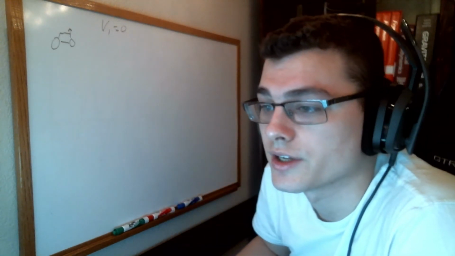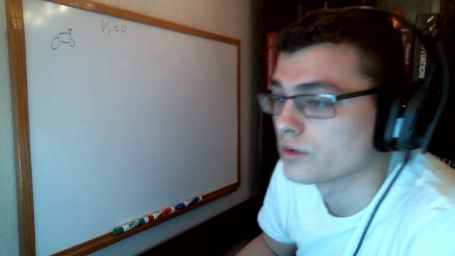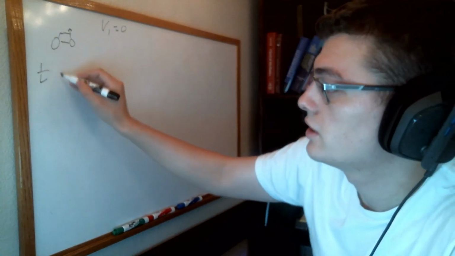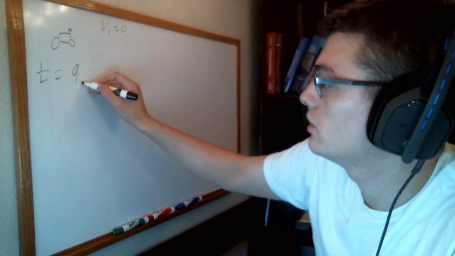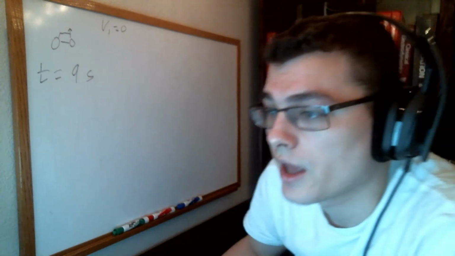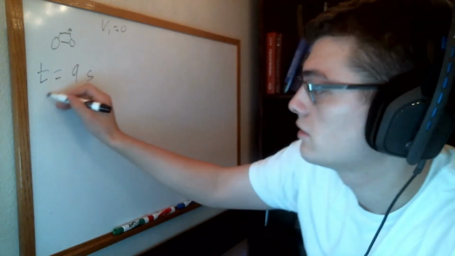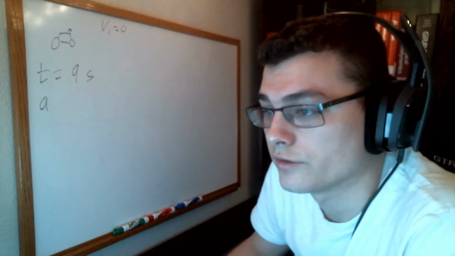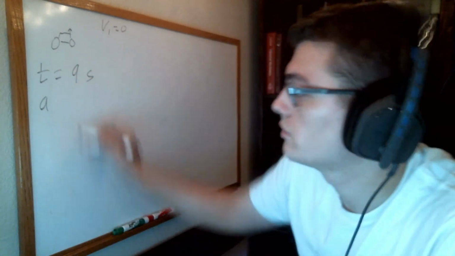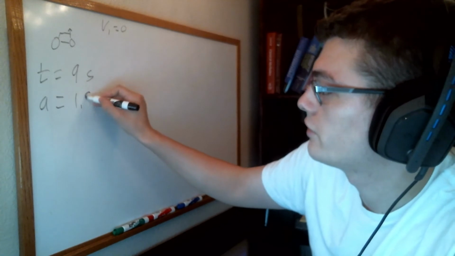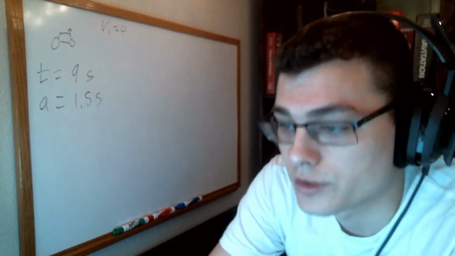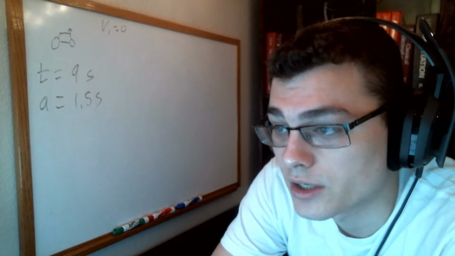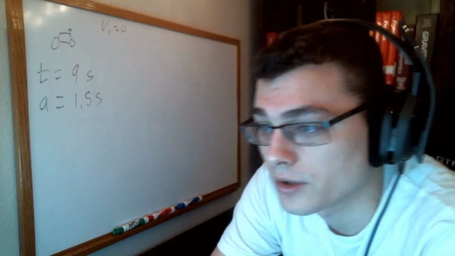And then it says it accelerates for a time t, which we're going to give as 9 seconds, at a rate a of about 1.5. So now we have to calculate the distance in meters that the bicycle traveled during that period.